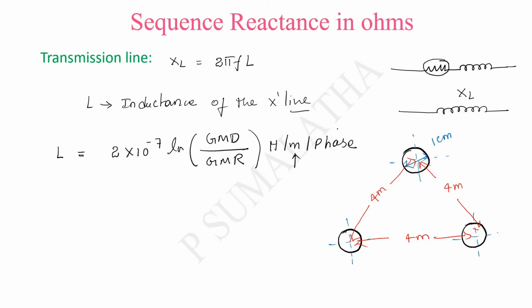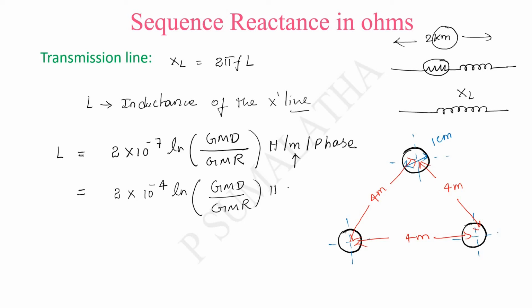But in our problem, the length is provided in kilometers. So we need to write this equation in terms of kilometers. That will be 2 into 10 to the power of minus 4 ln of GMD by GMR, Henry per kilometer per phase.